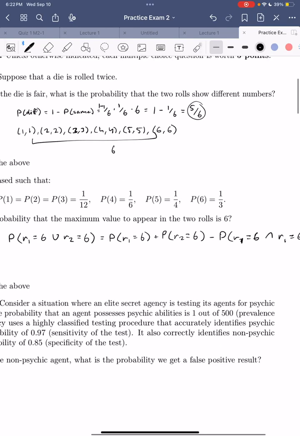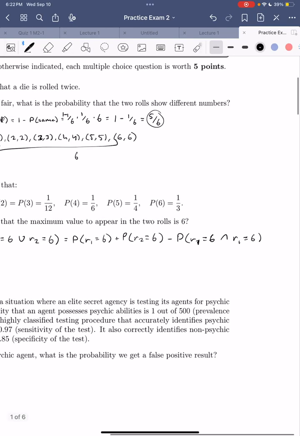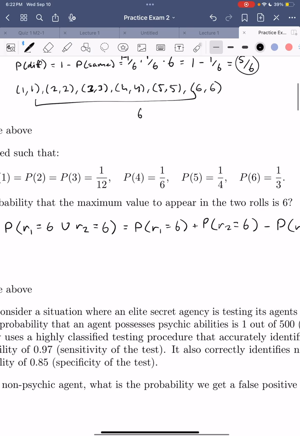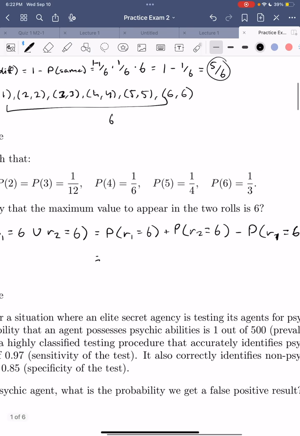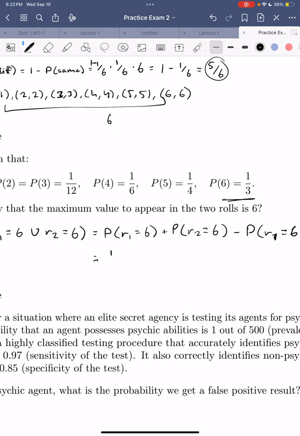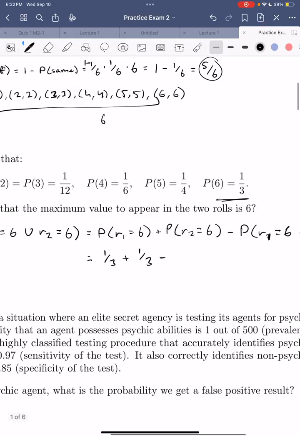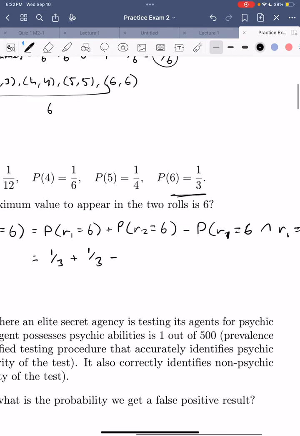Now we can solve that. The probability of rolling a 6 is 1/3, and another 6 is another 1/3, and for both of them to roll a 6, that would be 1/3 times 1/3.